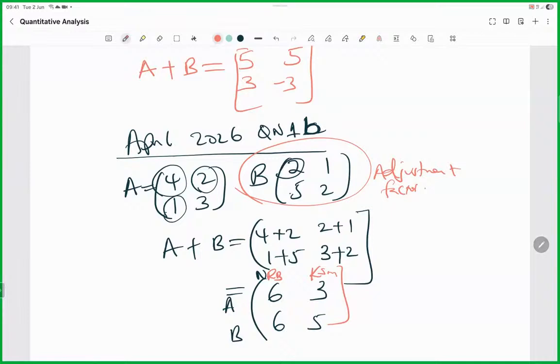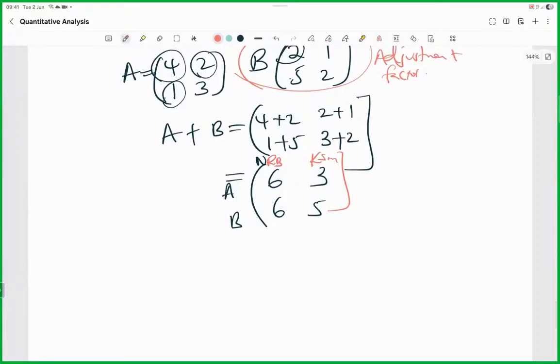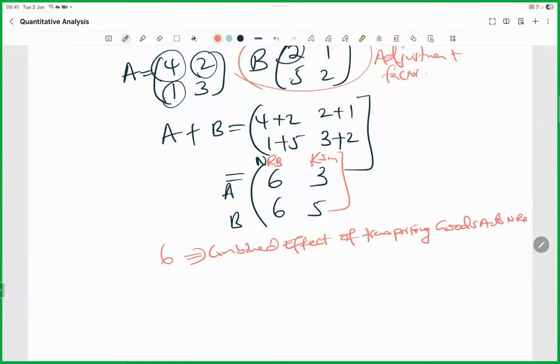So we write these down. The 6 is the combined effect of transporting goods A to Nairobi, combined or adjusted transportation costs.